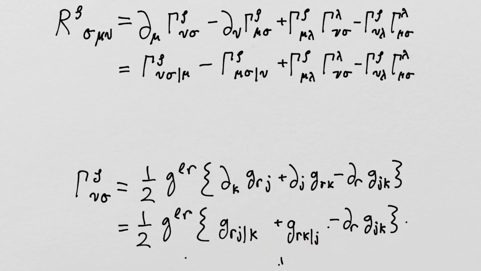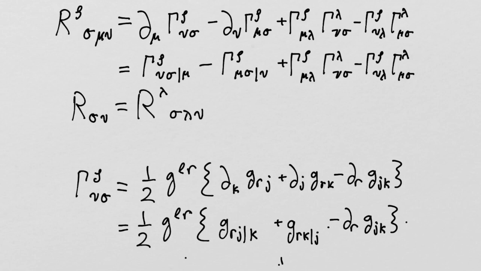So in the end, with that in mind, I can now define the Ricci tensor, R sigma nu, to be the contraction of the Riemann tensor, R lambda sigma lambda nu, right?